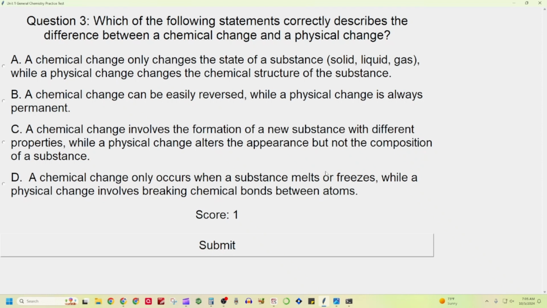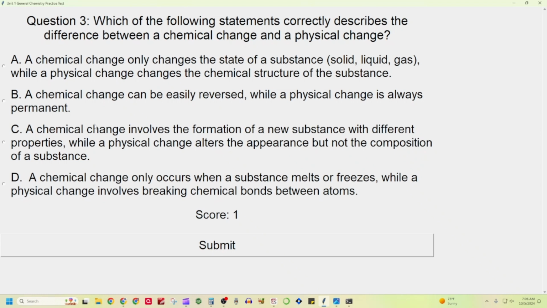Question 3. Which of the following statements correctly describes the difference between a chemical change and a physical change? Okay, so for this one, the chemical change changes the chemical structure of the substance, and the physical change does not. So let's go through some of them. Chemical change only changes the state of a substance. Nope, it's kind of opposite. Chemical change can be easily reversed.